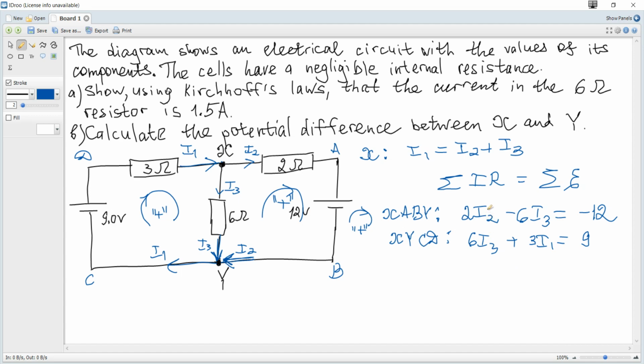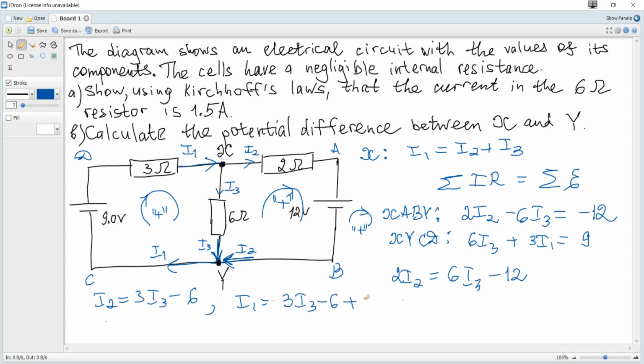We can solve, for example, for I2 in terms of I3, so 2I2 is 6I3 minus 12, so I2 is 3I3 minus 6, and we can substitute into the first and get that I1 is I2, which is 3I3 minus 6, plus I3, which is 4I3 minus 6.